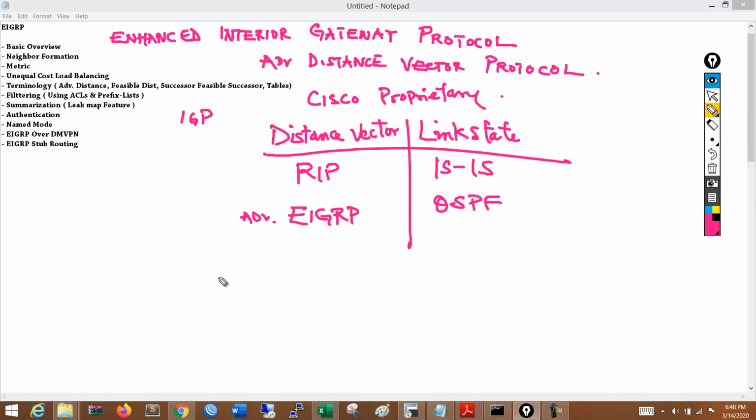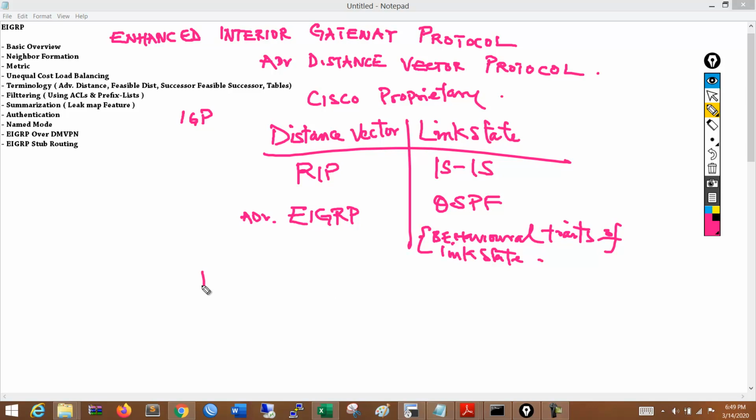Okay, why EIGRP is called an advanced distance vector protocol is that it gets a combination of some behavioral traits of link state protocols into EIGRP.